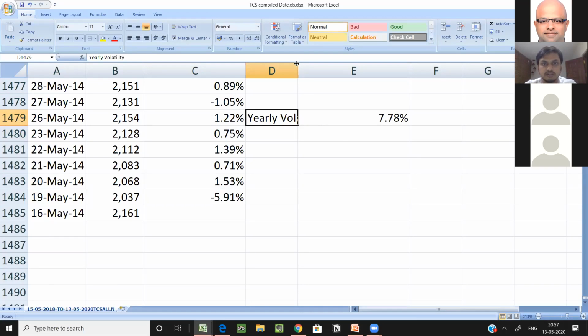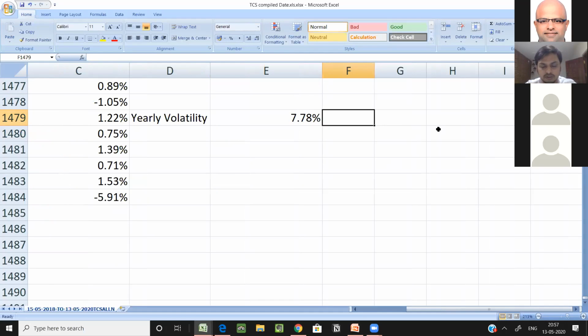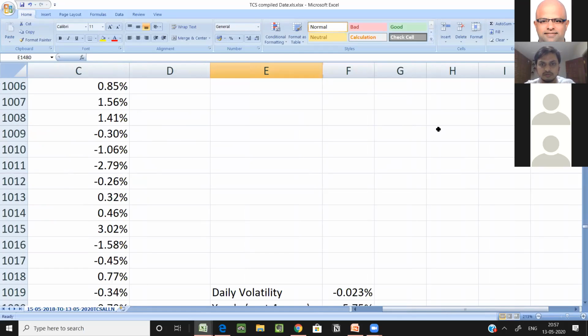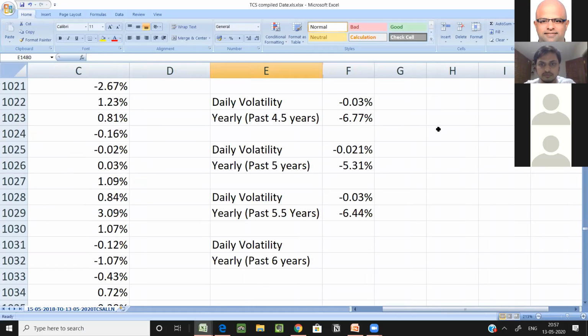So let me just make a weightage so that for the last year we do not have a skewed data. I'll give this a weightage of 1 and give the fifth year weightage as 2.